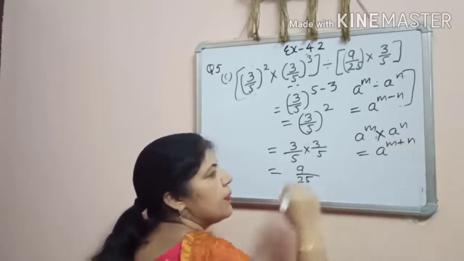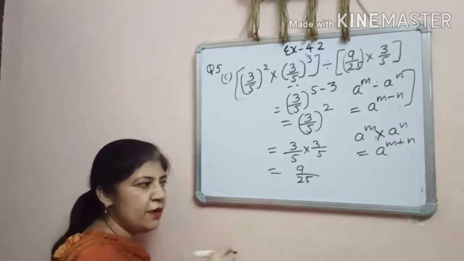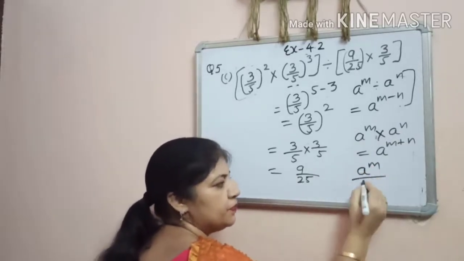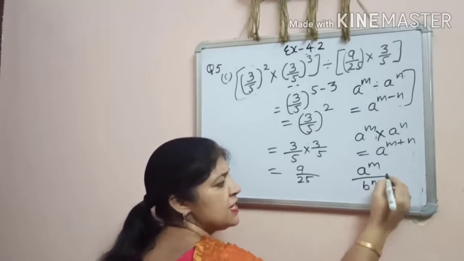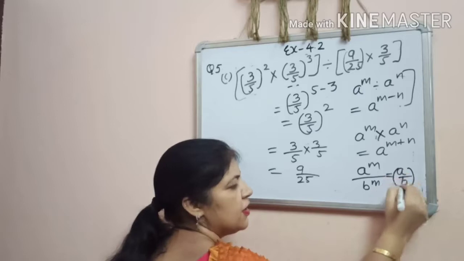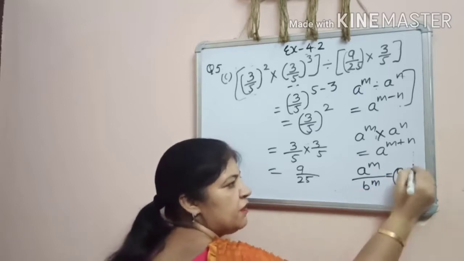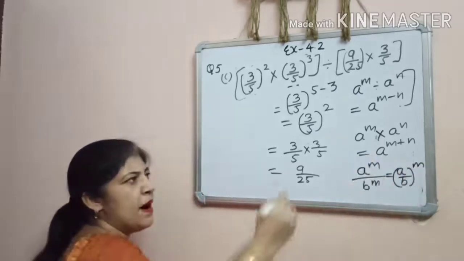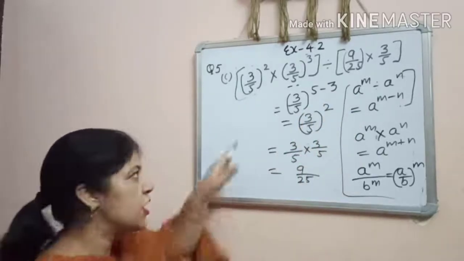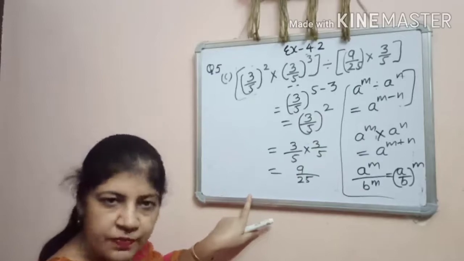So, powers will be added. And one more law, bases are different, powers are same. So, in case of division, the bases will be divided with the same power. These 3 laws we have used in this question. Clear?